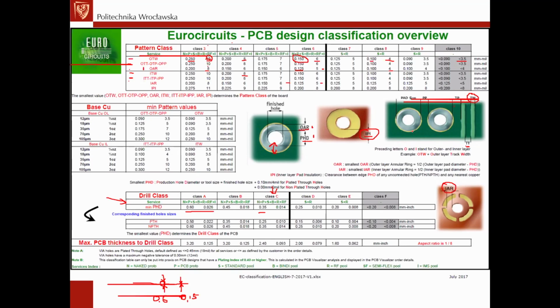So if IPI and IAR parameters are not important, then this table is important. This table is combining the limits about the track width with the thickness of copper that we are using. The copper thickness that we have a choice normally ranges from 12 to 105 micrometers.